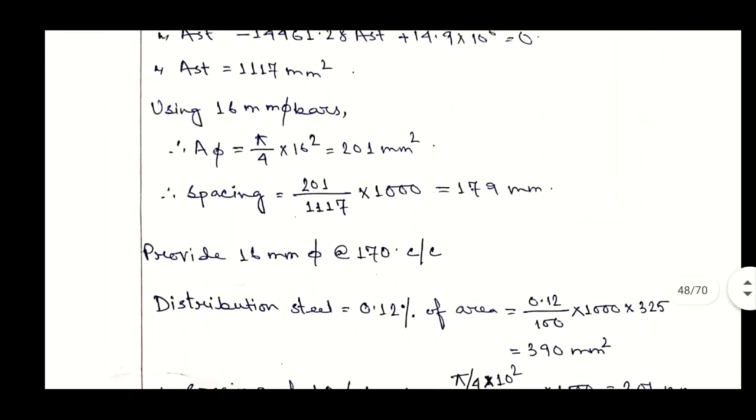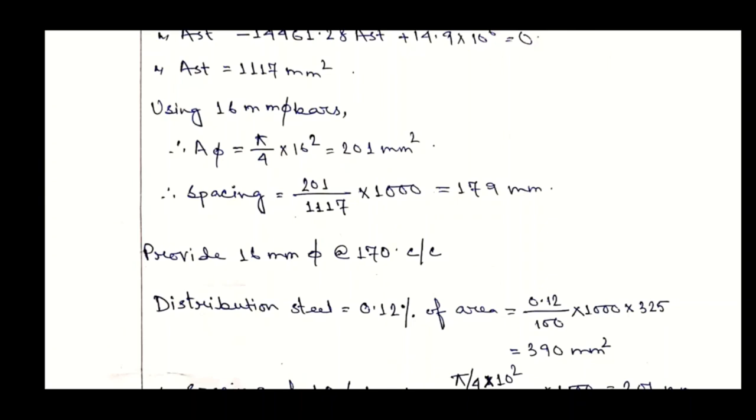Now distribution steel is 0.12% of the area, because this is HYSD bar. So as per consideration of IS 456-2000 it is 0.12% of the area. So 0.12 by 100 into 1000 into 325.